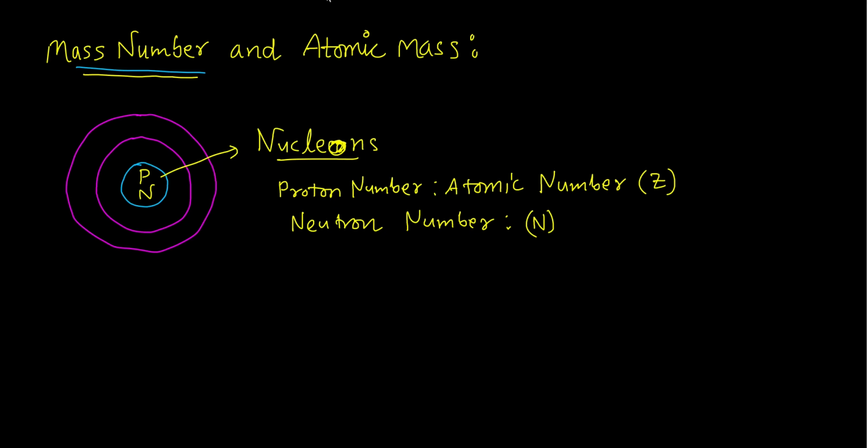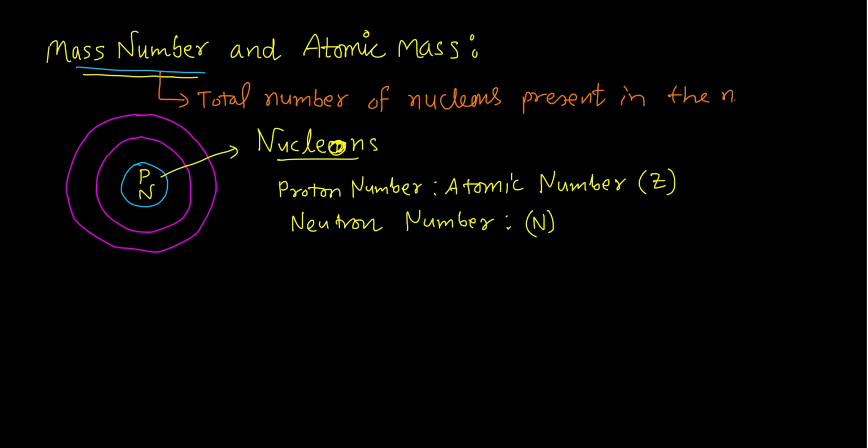So what is mass number? Mass number is related to nucleons. It is basically the total number of nucleons present in the nucleus of an atom.